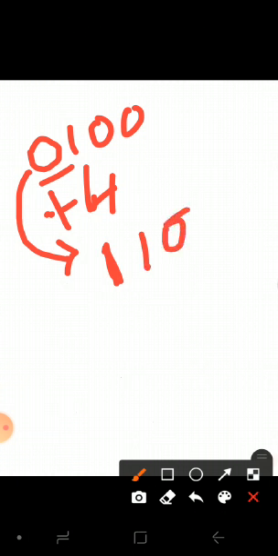By just changing its MSB from 0 to 1, I will get negative 4, minus 4. So in sign and magnitude, getting a negative number is very easy, only by changing its MSB.